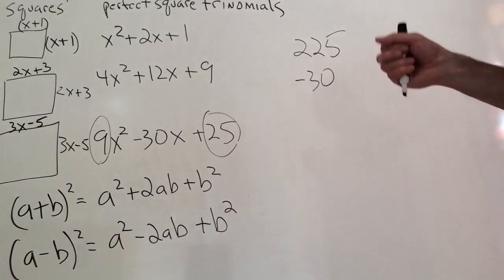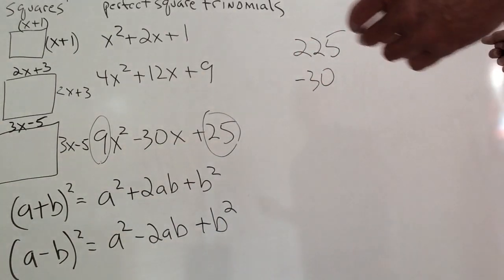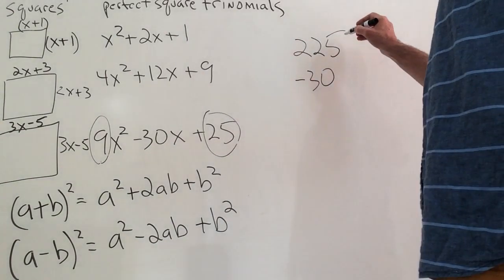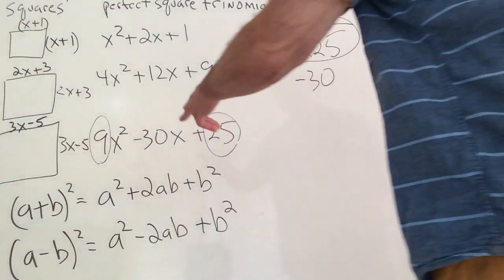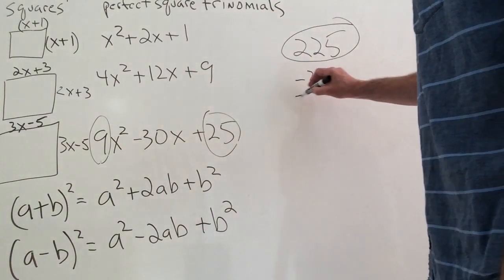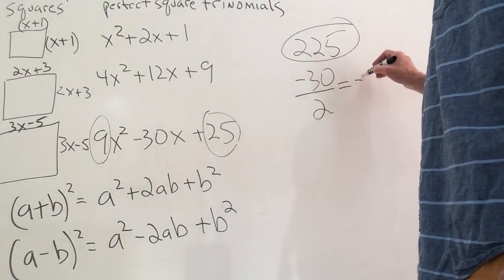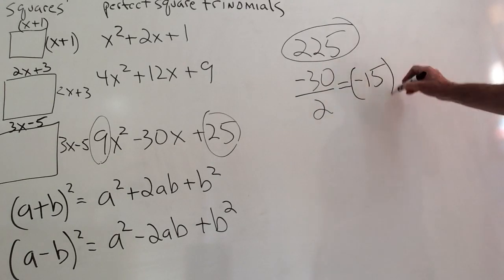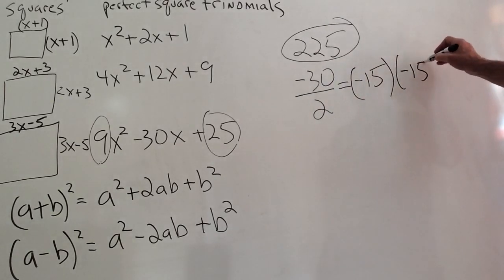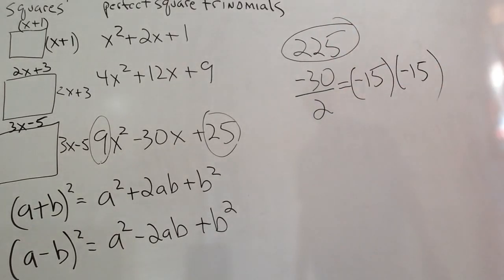Now, if you didn't have perfect squares in your mind, you've got work in front of you. But a perfect square times a perfect square is always a perfect square, and we're subtracting here. So half of negative 30 equals negative 15, and you're set. So it's negative 15 times negative 15 equals 225.